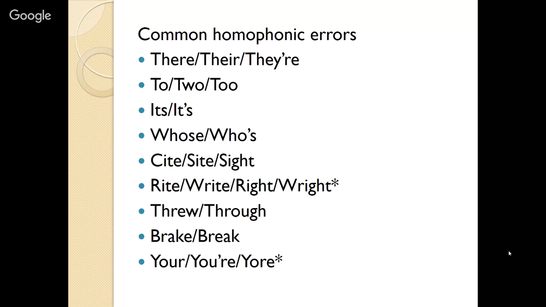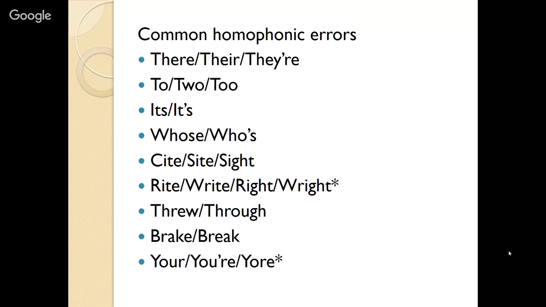It's the third form, too, that gets confusing. That's an intensifier. It means too much or too little, or it also means also. And so people confuse the first and third forms. It's those two that people get into trouble with.